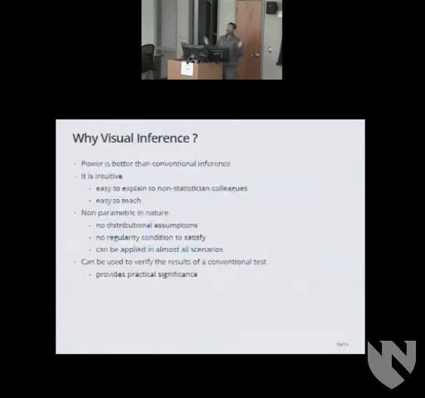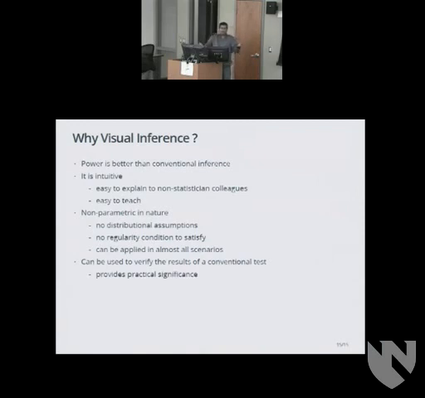Now, why will we be using visual inference? That is my concern here. First, theoretically proven power, right? Power is more than the conventional uniformly most powerful test. It is intuitive. Why am I in here?